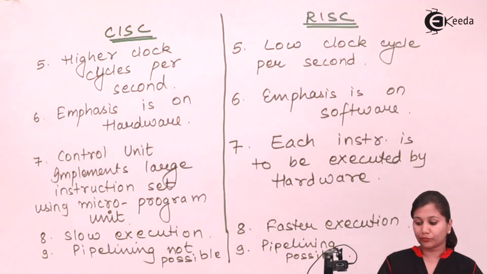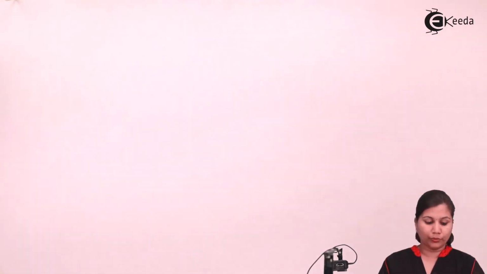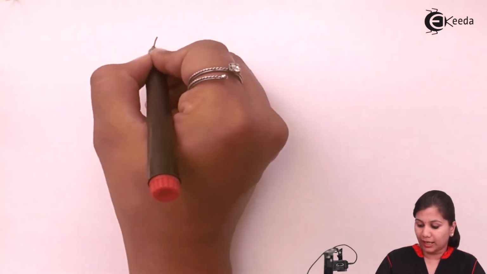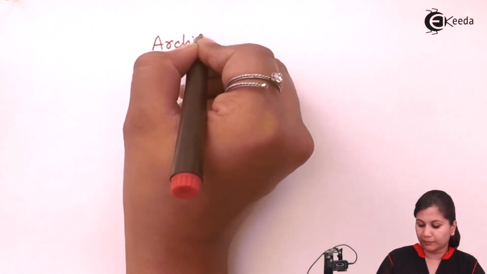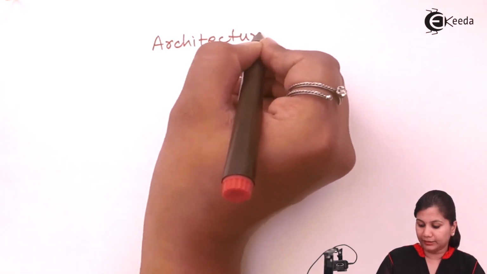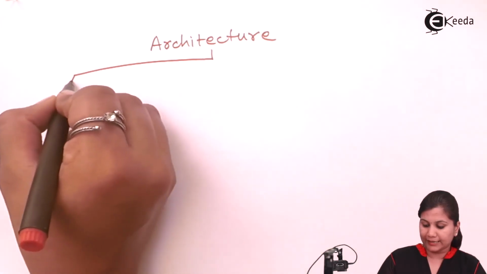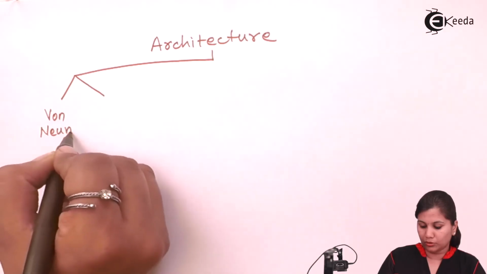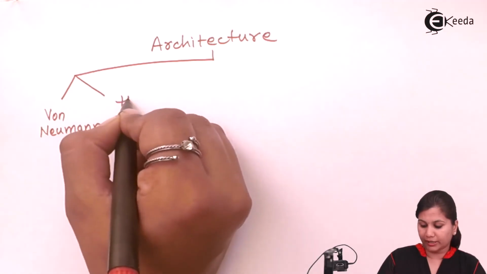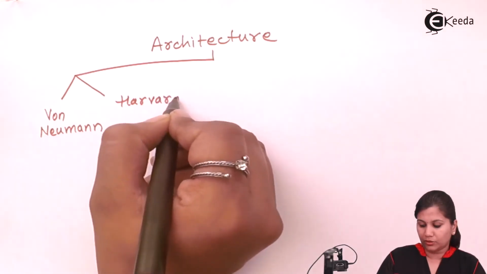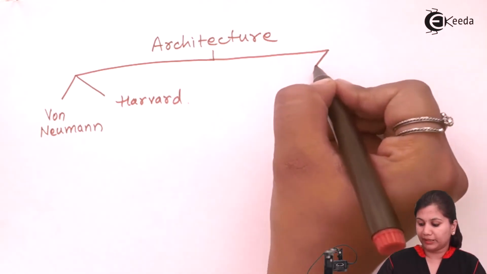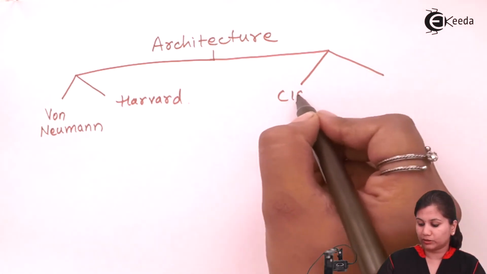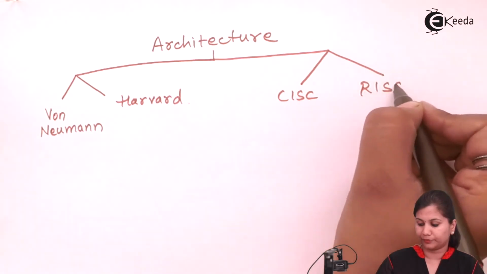So in this video, we studied the types of architecture in the embedded system. We saw that the architecture in the embedded system can be classified as either von Neumann or Harvard architecture, or it can be classified as the RISC or the CISC architecture.